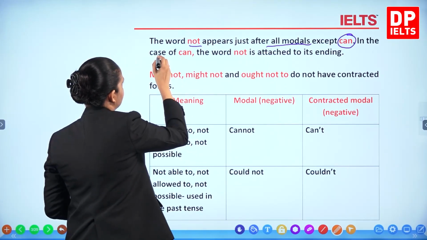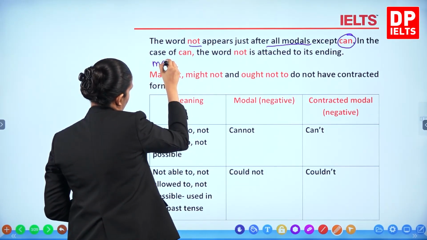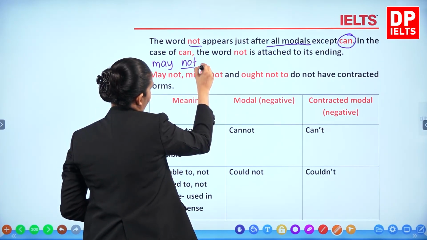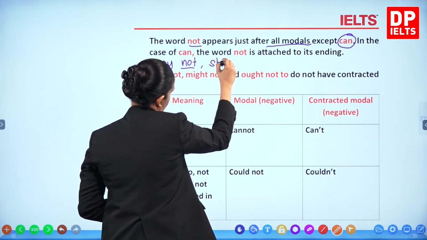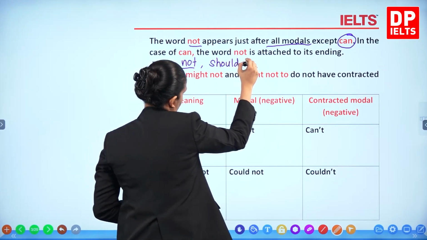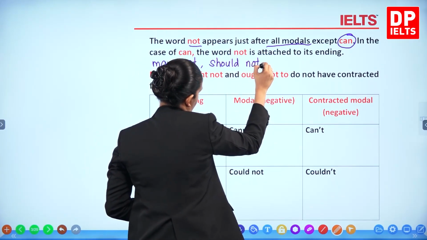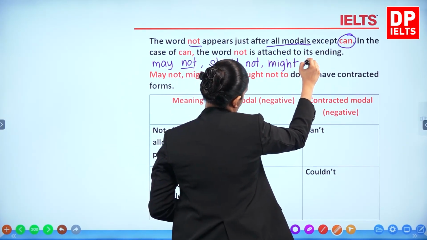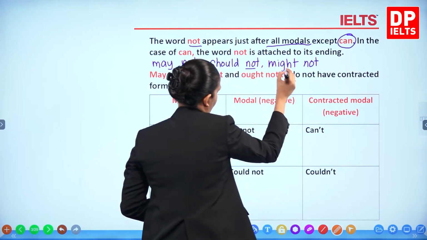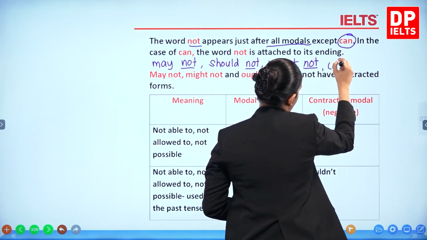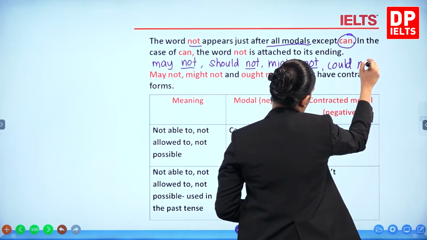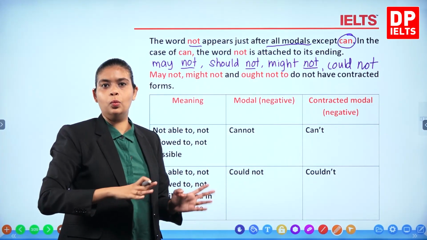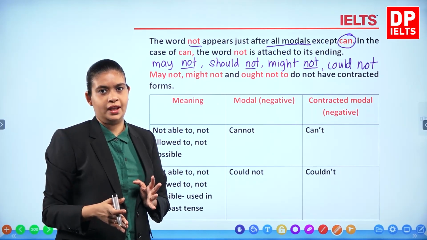What it means is this. When you write may not, not is there at the end. Should not. Might not. So they are separate. Could not. But when it comes to can, we don't write it separately.